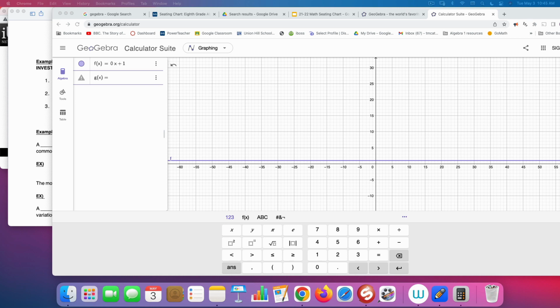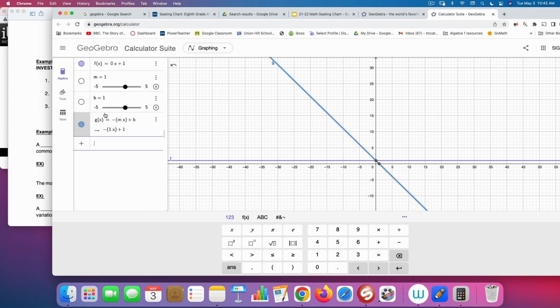So do g of x equals negative m plus b. What happened to your line? Well, let's change that one to a 1x so you can see where it is.